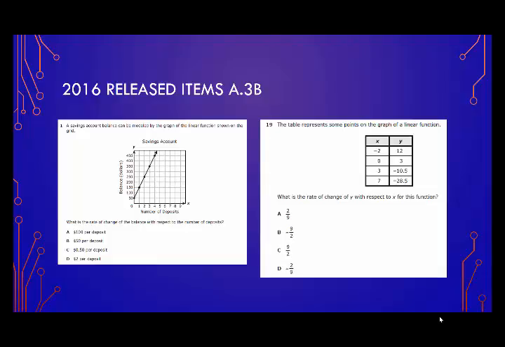Okay, question number 19, coded with processes 1B, 1C, 1E, and 1F, and 65% of our students were able to find the rate of change from the table. And again, the challenge becomes that we're dealing with some decimal numbers there, and the x's are not changing by increments of 1.